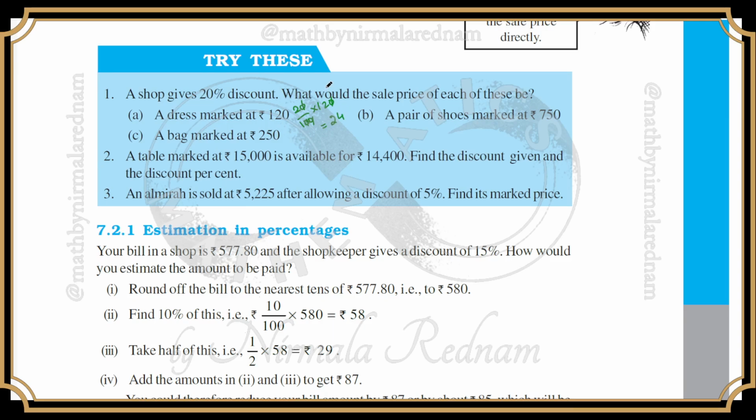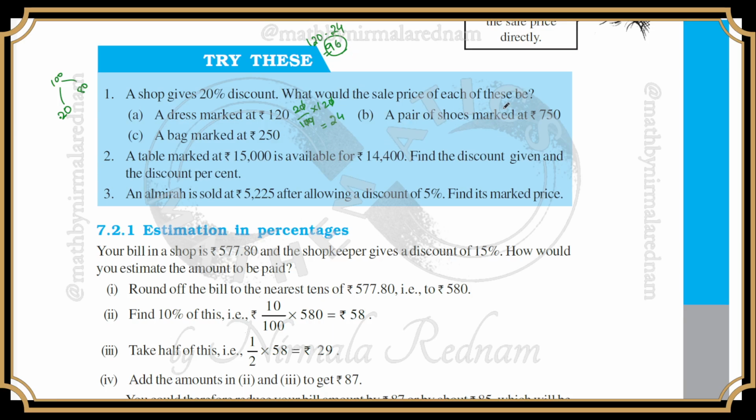Okay, 24. So you can do 120 minus 24, which is nothing but 96, right? So this is one way of doing it. Or there's another, one step shorter than this, is directly calculate 80%. If 20% is the discount, see, something is worth 100, 20% is the discount, that is you're going to pay only 80%. Okay, so if you do that also, you will directly get the answer as 96.